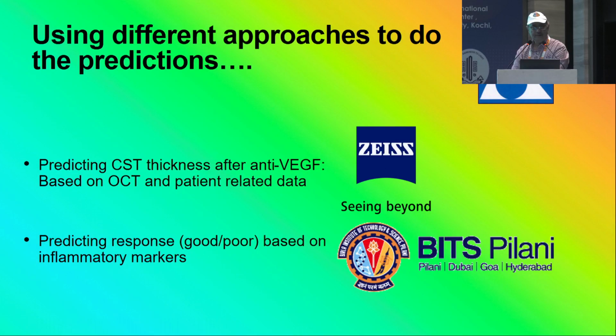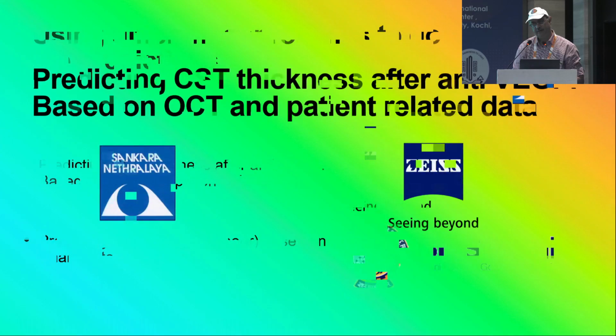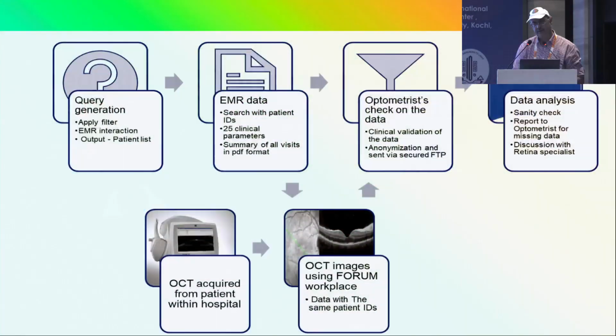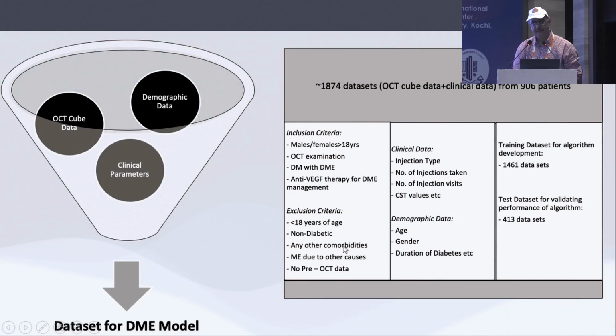Here he is using OCT to predict whether the response will be there or will not be there for a particular patient. And this is the sequence of events: EMR generates questions, then they analyze the data, then the optometrist validates, then some other questions are asked, and ultimately OCT is done and the data is generated.